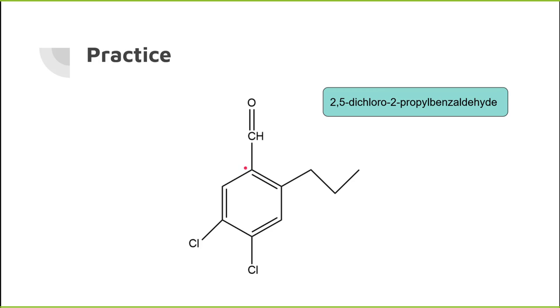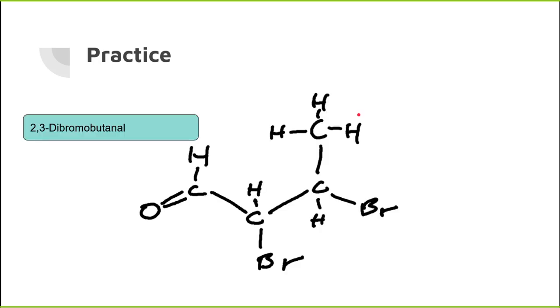And this would be 2-propyl, 3, 5. Did I number this wrong again? I sure did. I put a 2 here. That is wrong. Man, I still messed it up. 2, 3, 4, 5. So this should be 4,5-dichloro-2-propylbenzaldehyde. I'll fix that.